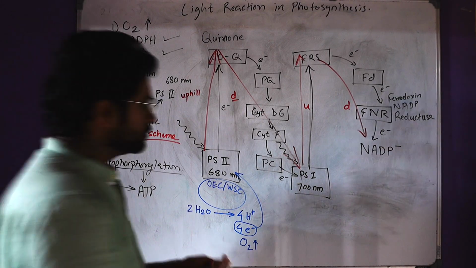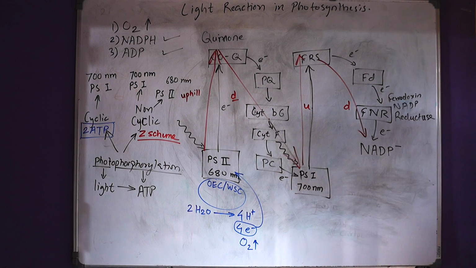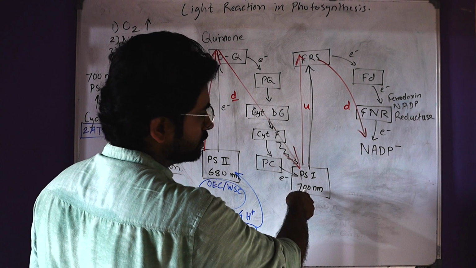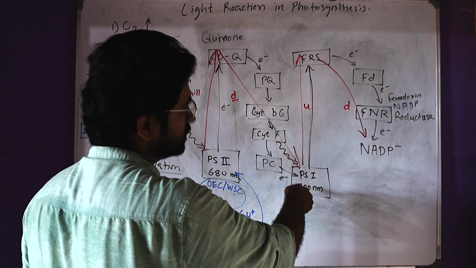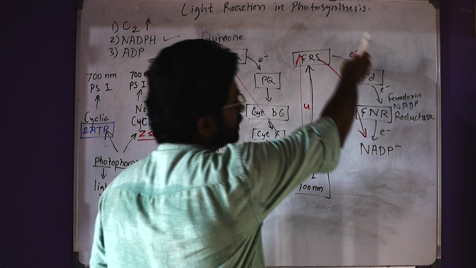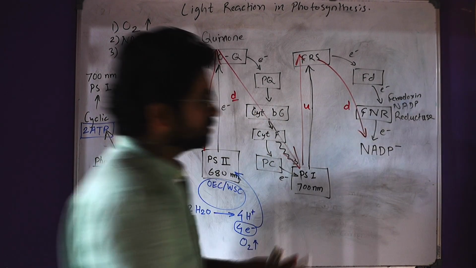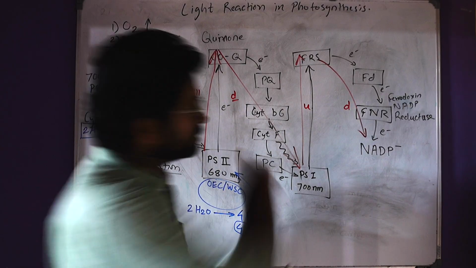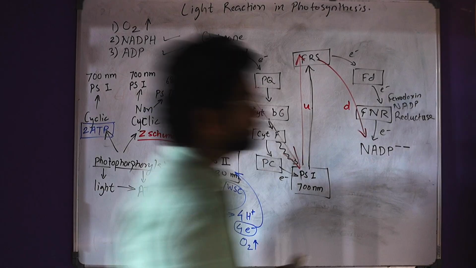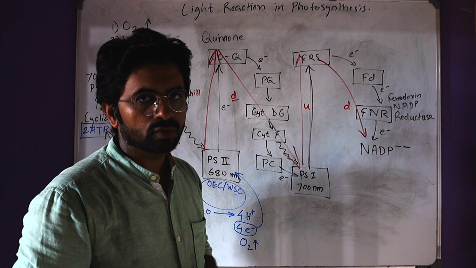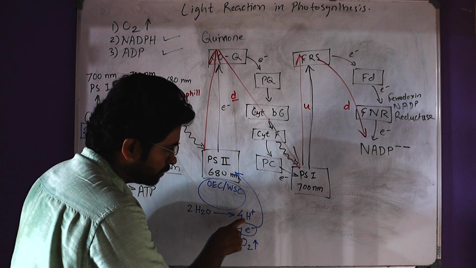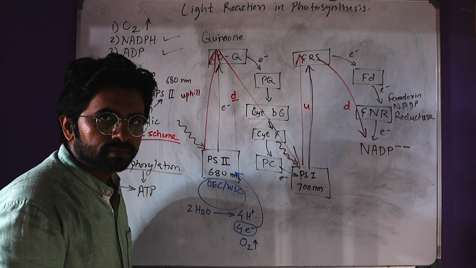Now another electron is also coming from P680. It is going to 700 nanometer, then again it is getting ejected to FRS, and finally it is coming here. The first electron was already there, now the next electron is coming, it will put the next negative charge. Now pay attention. Your protons are also there.